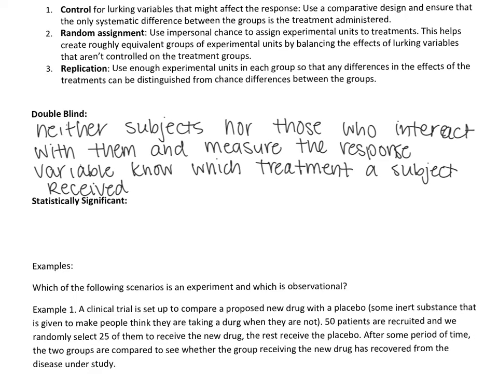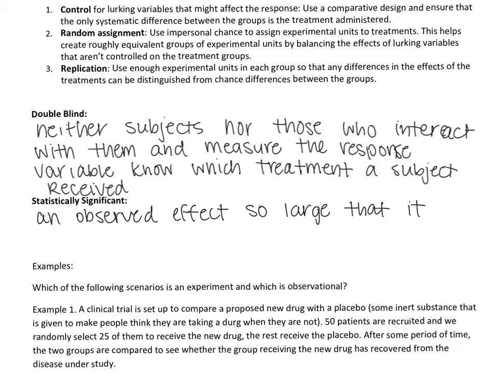The next is something we call statistically significant. So what that means is that an observed effect is so large that it would rarely occur by chance.